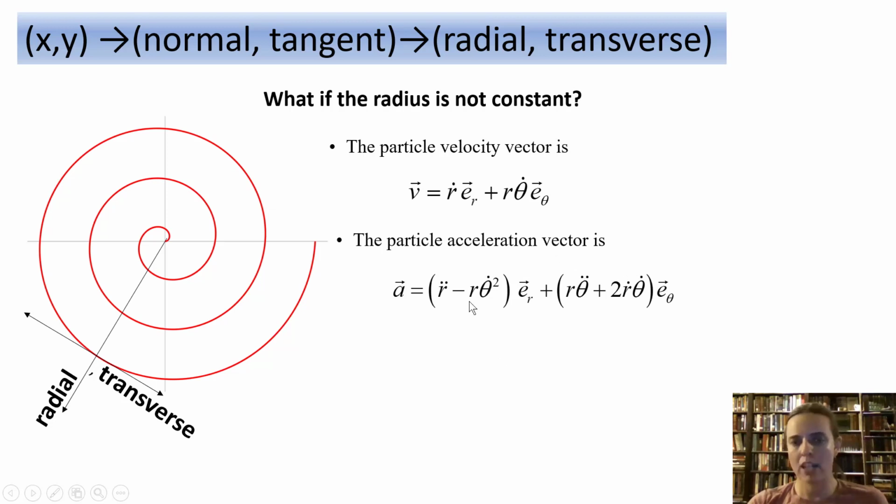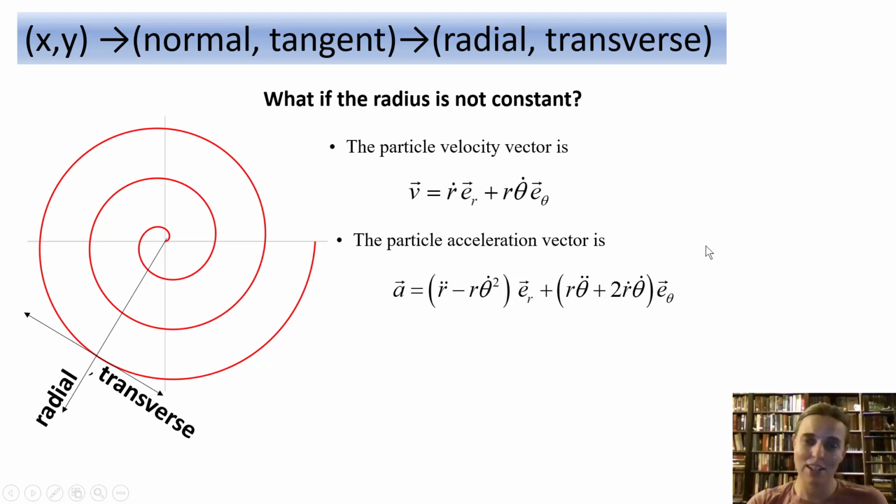So if you have an equation telling you what the radius is, so radius equals 5t plus 3, then you can take the derivative again, and you have entire equations that you are plugging in for every term in this equation. So you just walk from the left to the right and you figure out what our radial acceleration is, what our radius is, what omega is, our angular velocity. So just walk through each of these terms and figure out what each one is.